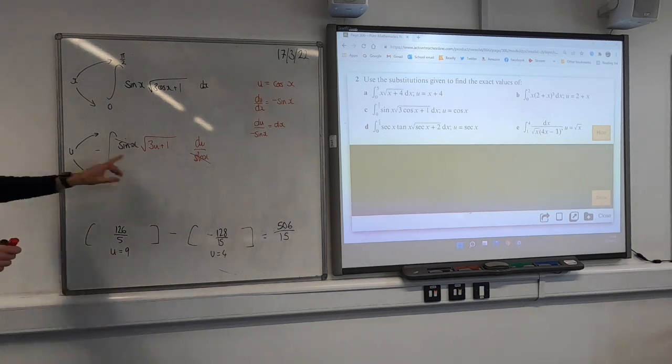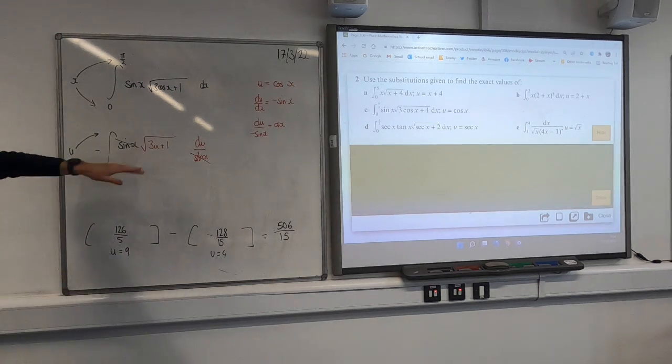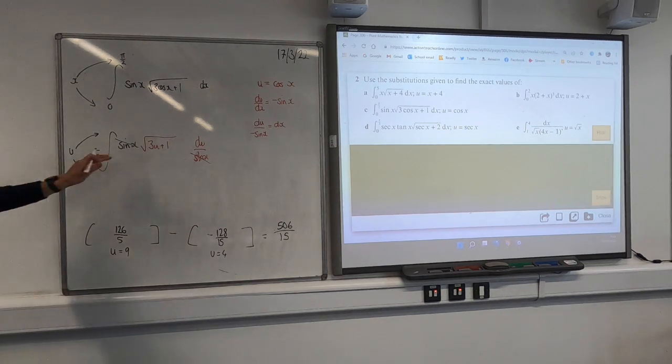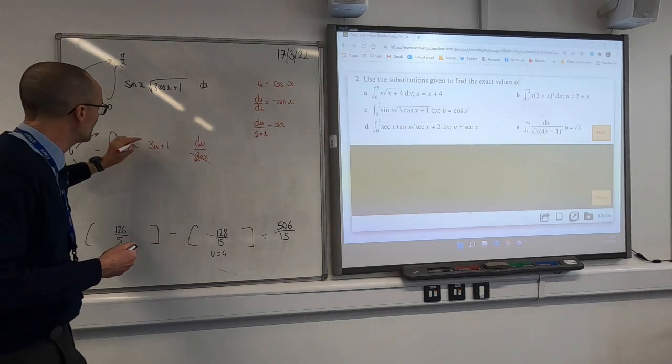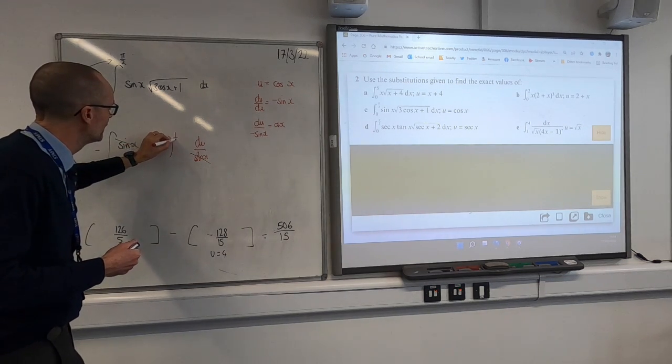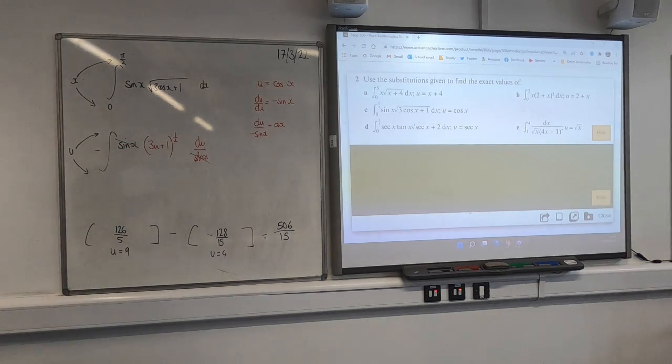And that just becomes 3u plus 1 square rooted, which I can integrate as a bracket. It's a linear expression, so I just need to increase the power by 1, divide by the new power, and divide by what you get when you differentiate the bracket, which is 3.